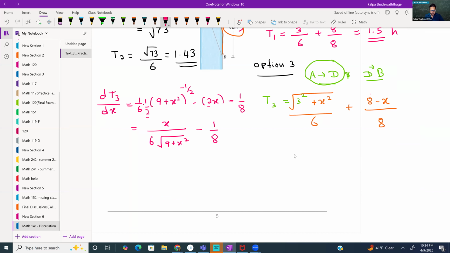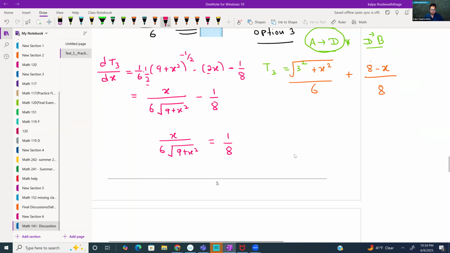So if you set it equal to 0, you get x over 6 square root of 9 plus x to the power 2 equal to 1 over 8. If you cross multiply, you get 8x equals 6 times square root of 9 plus x to the power 2.